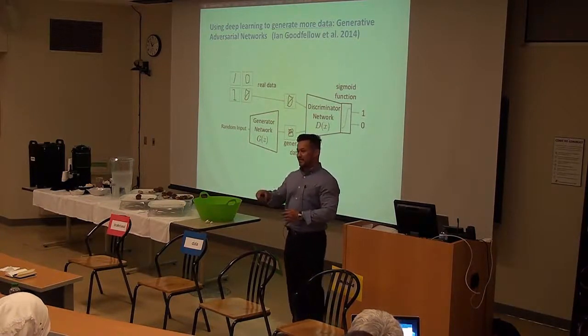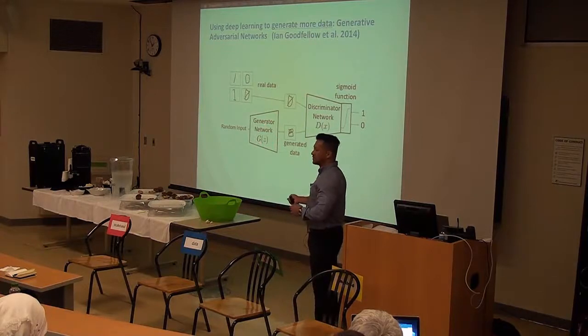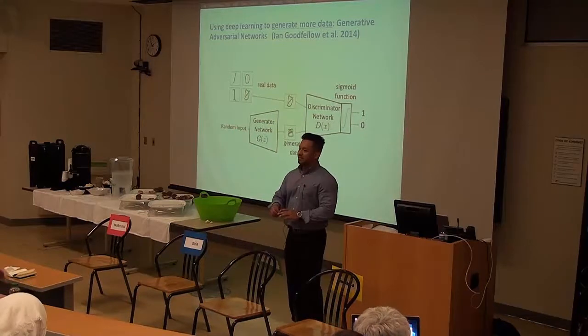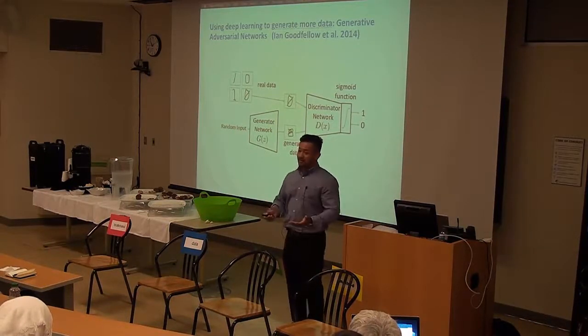This cycle repeats. We train one network at a time, and after many iterations, we get to the point where the generator becomes really good. So you can have an input here, and then you can create any possible example in your data set. This is a possible way of creating data.